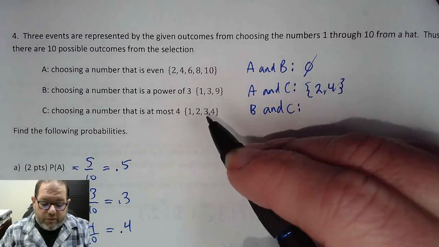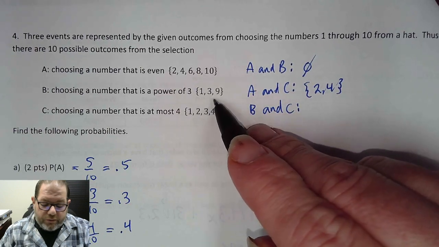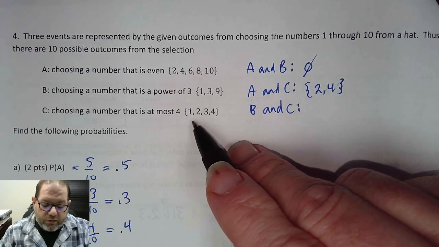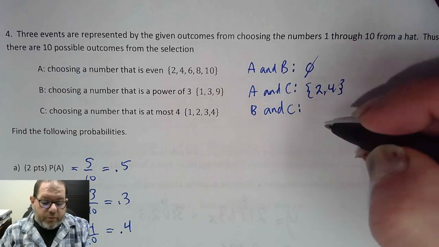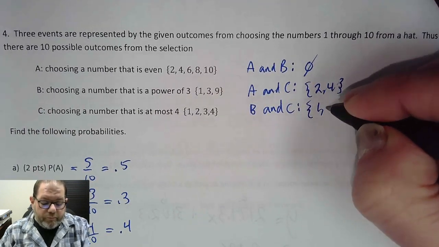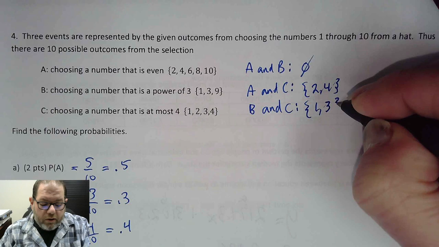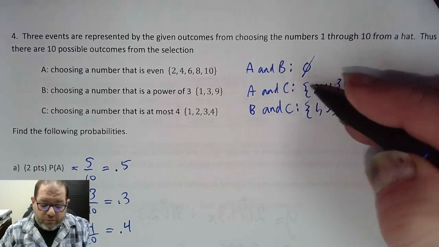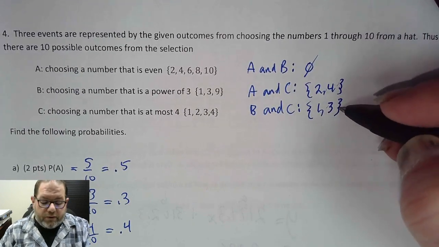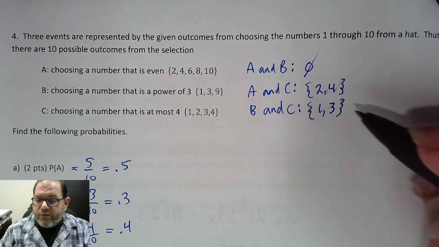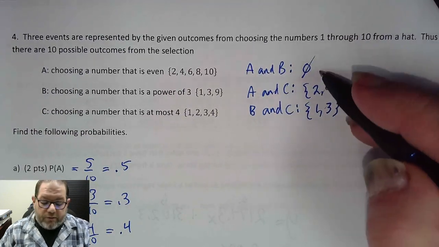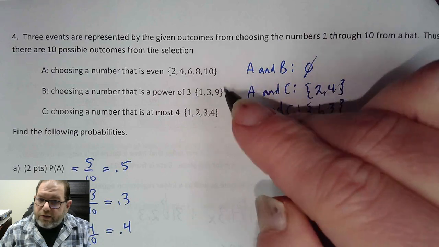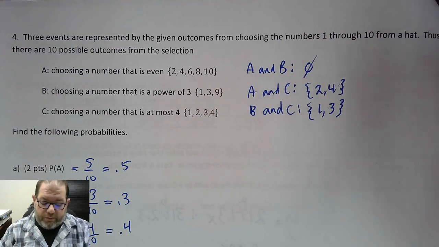And then B and C, we have 1, 3, 9 for B, and C is 1, 2, 3, 4. So 1 and 3 appear on both of those lists. So each of those has two possibilities where both events are simultaneously true. A and B can never occur together based on what we're seeing. There's no commonality there. All right.